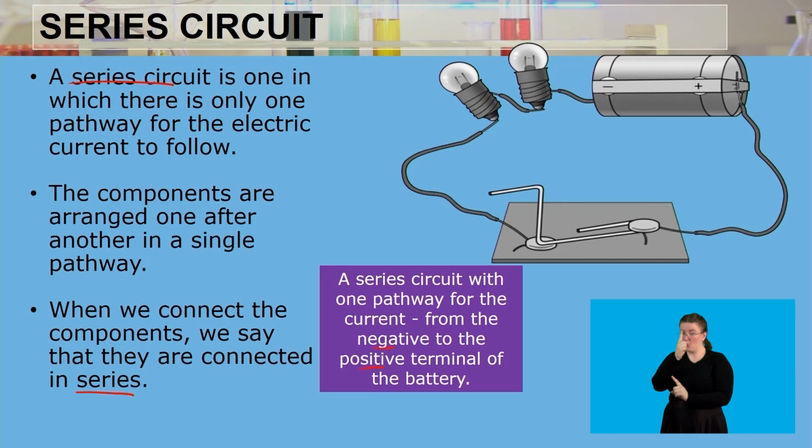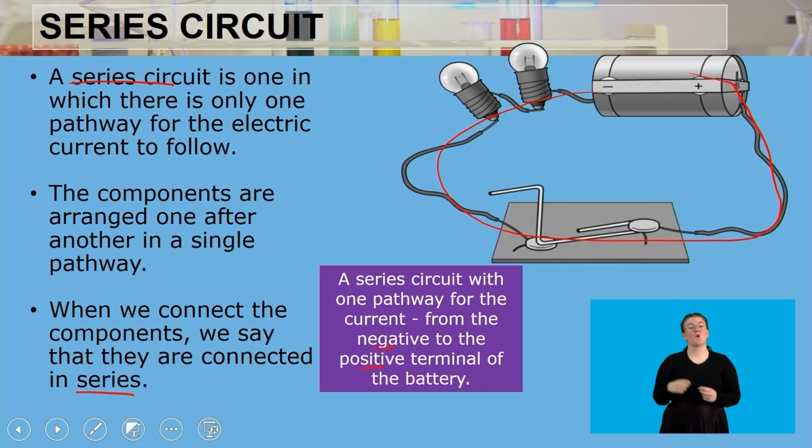In this diagram, the current moves from the negative to the positive terminal in one direction, going all around and back to the cell or battery, and not going anywhere else.